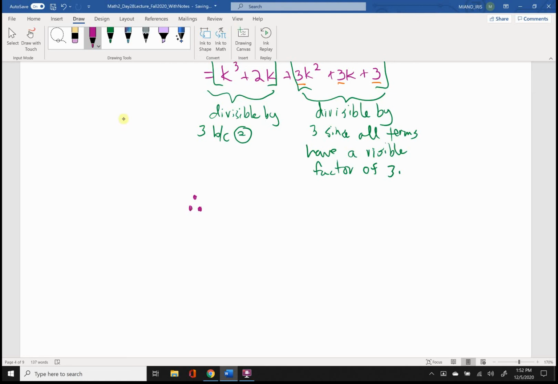It's mathematical shorthand for the phrase therefore. We get to say that (k plus 1) to the third power plus 2 times (k plus 1), the whole thing, is divisible by 3.